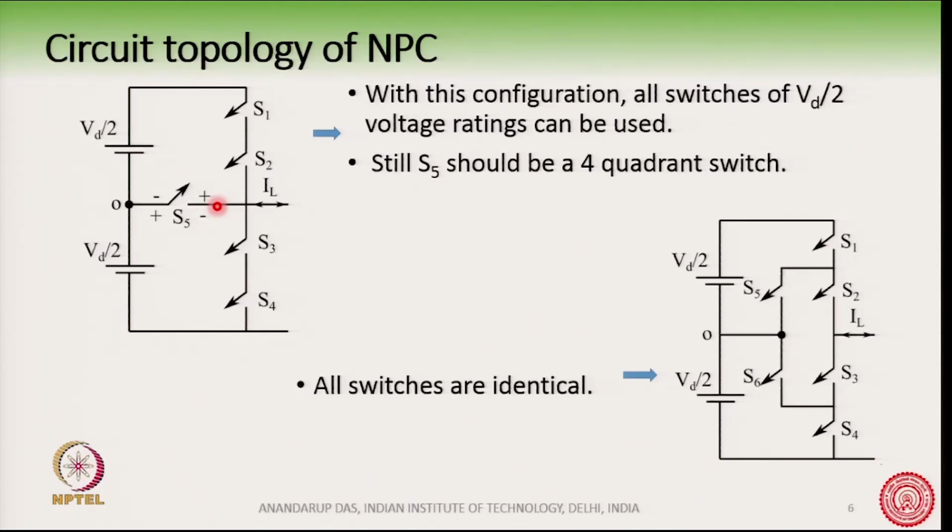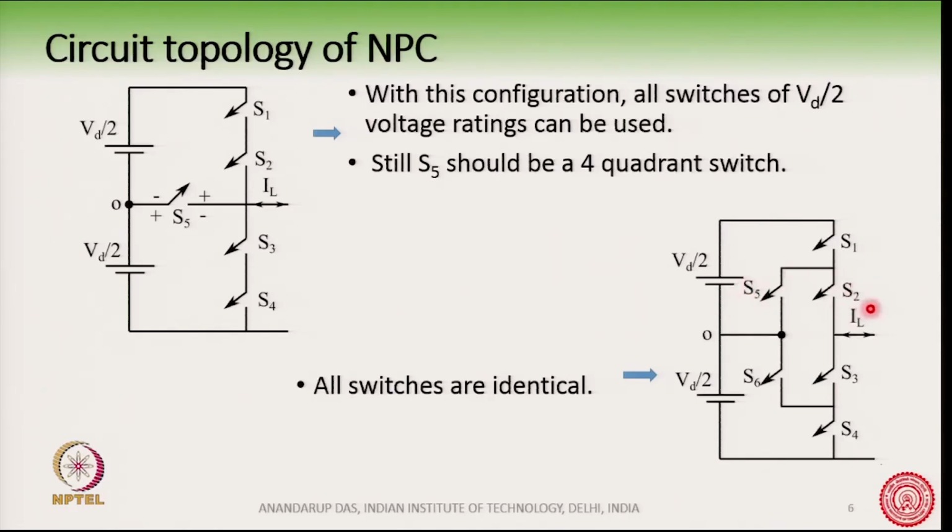Although we have made all switches of the same voltage rating, S5 will still be a 4 quadrant switch. In order to make this switch similar to these switches, we can make a circuit like this, where the functionality of this switch can be partly taken care of by S2 and S5 together here.